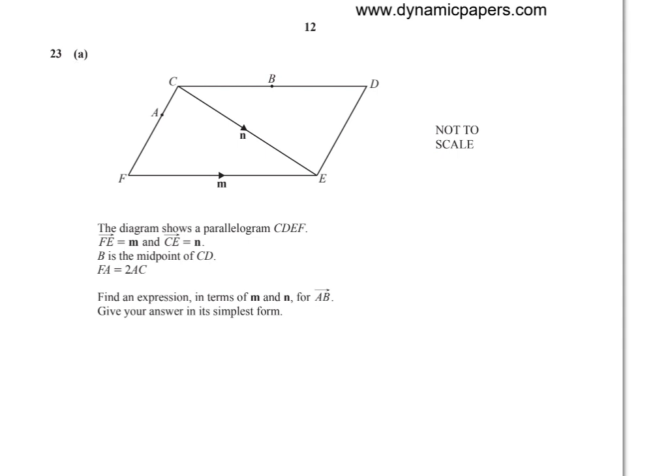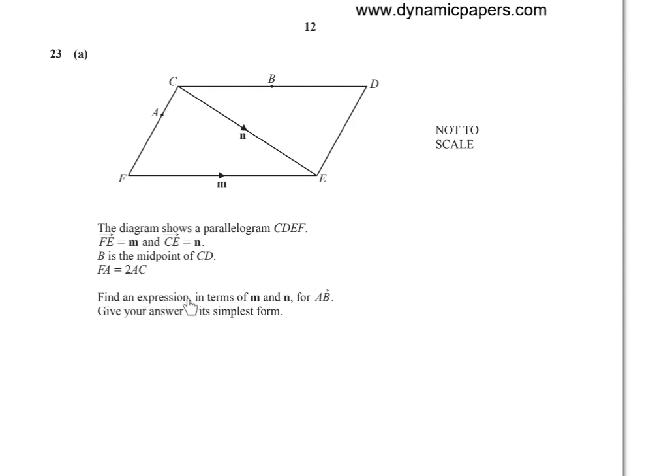23a. The diagram shows a parallelogram CDEF. Vector FE equals M, vector CE equals N, B is the midpoint of CD, FA equals 2AC.